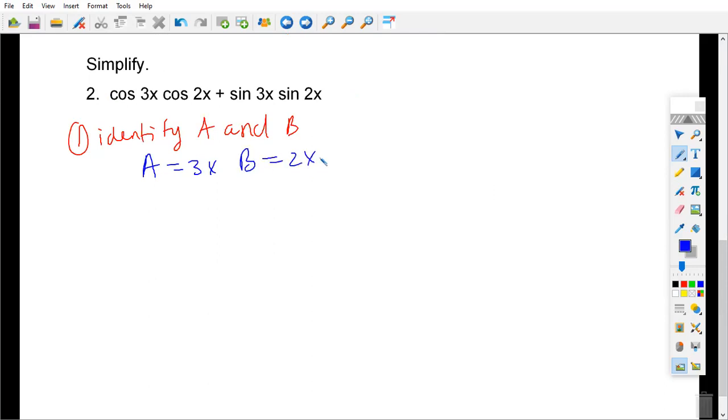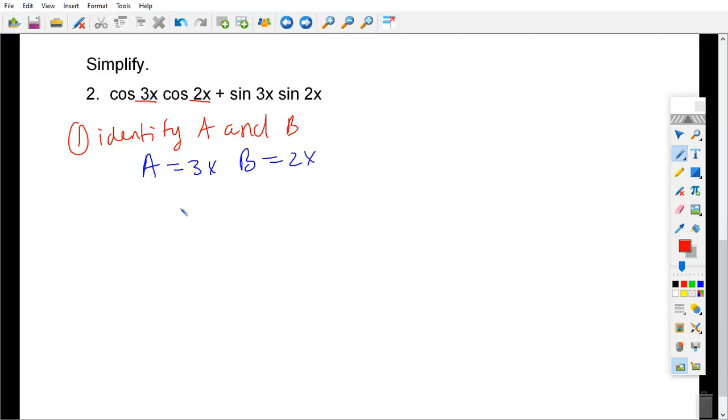Step 1, questions, comments, or concerns? A is your first angle, B is your second angle, whatever you want to call it. That has nothing to do with the other side. They're going to be the same. AB, AB, AB, AB.